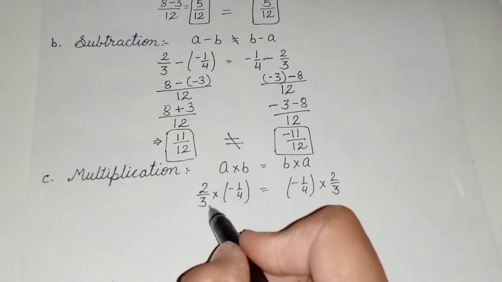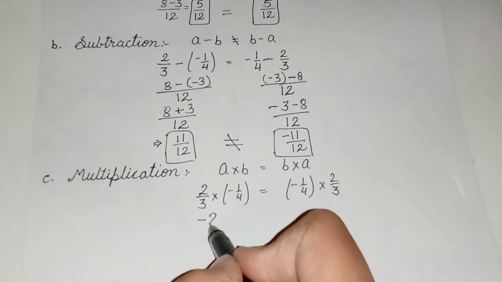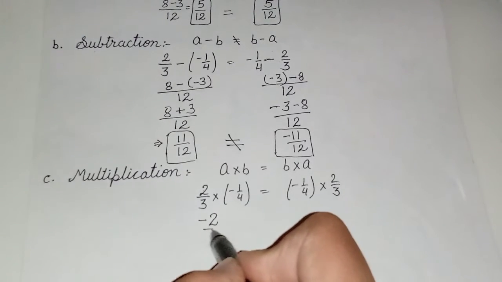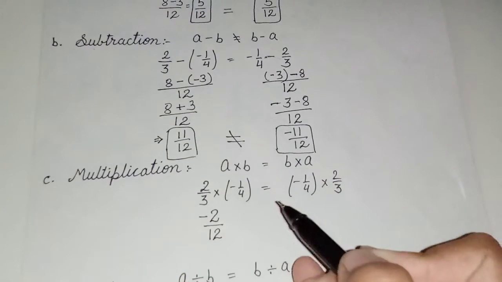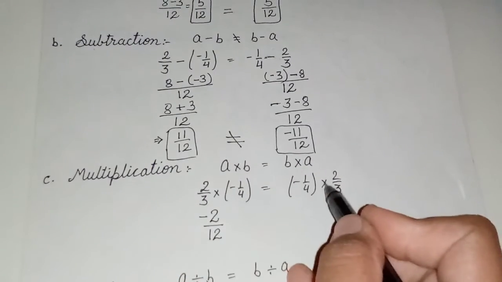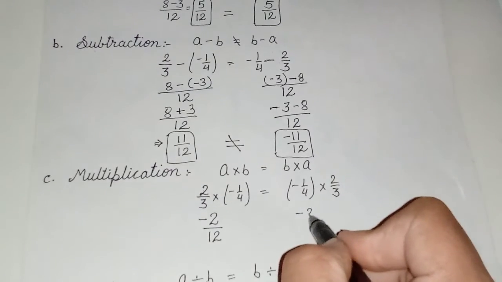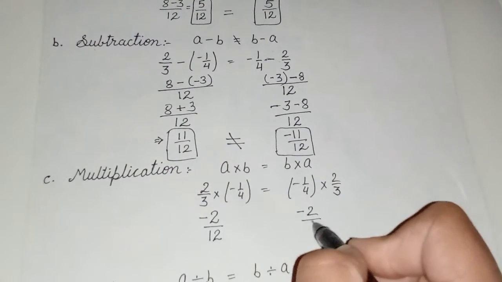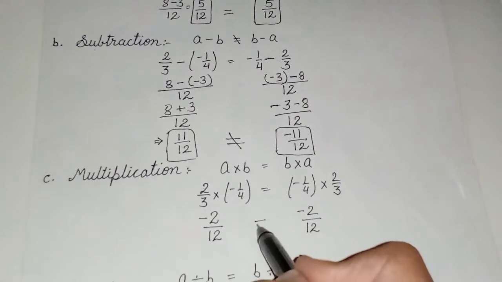First, this is A into B. Numerator into numerator, 2 into minus 1, we have minus 2, upon 3 4s are 12. Now second one into first one. Minus 1 into 2, minus 2, and 4 into 3, 12. We got the same answer in both cases.